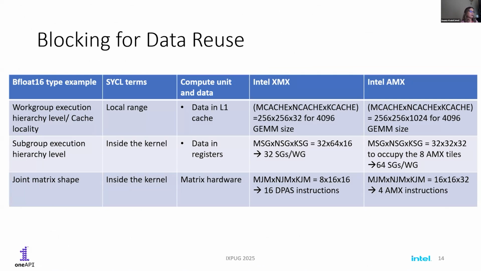So that's another high level of hierarchy. You have to think how much data I'm going to make a work group execute, and then how much data I'm going to make a subgroup execute before you think about what is a joint matrix shape. And usually a joint matrix shape can be the same as the subgroup shape, unless you have an activation function.